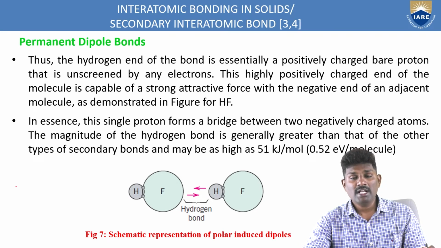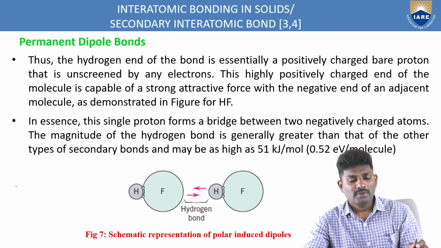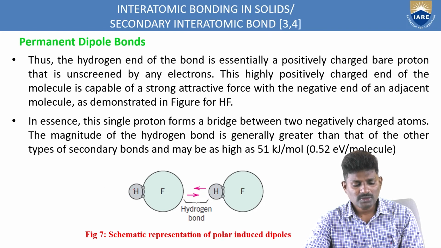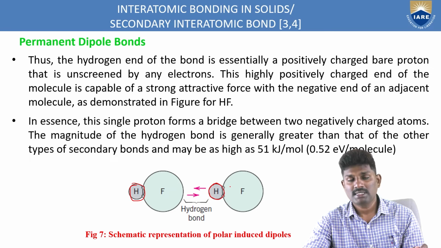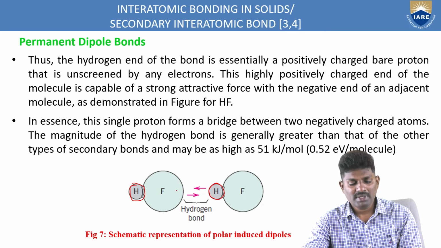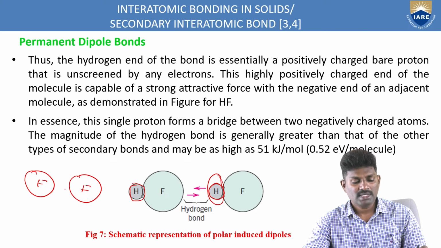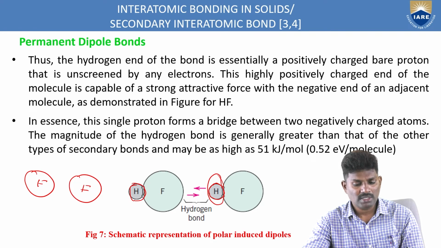The hydrogen end of the bond is essentially a positive charge where it is unscreened by electrons. So what is happening here? Though we have a small hydrogen here, what is happening? It is unscreened. You can generally see both fluorine atoms looking side by side, since the hydrogen is very small here.